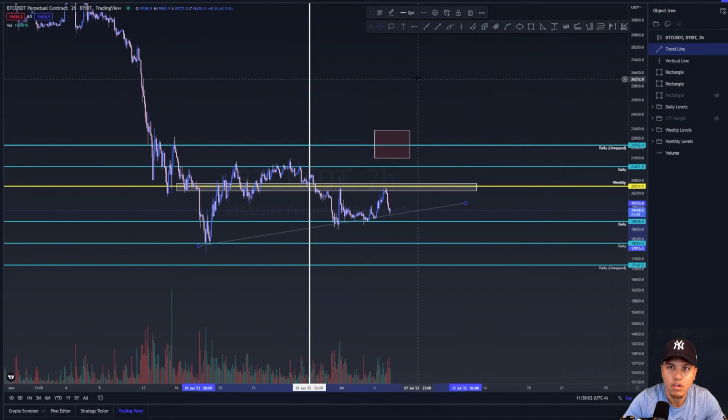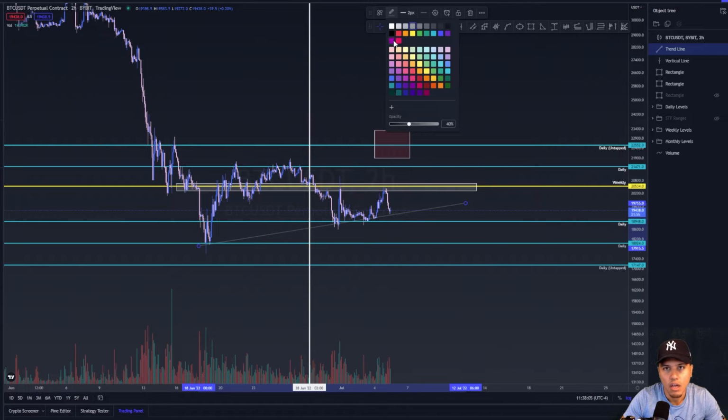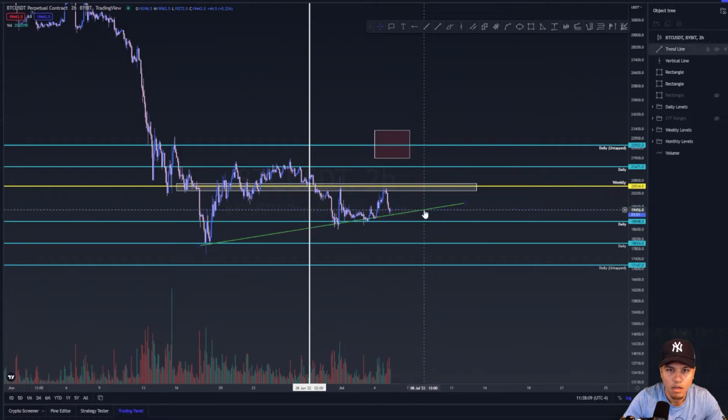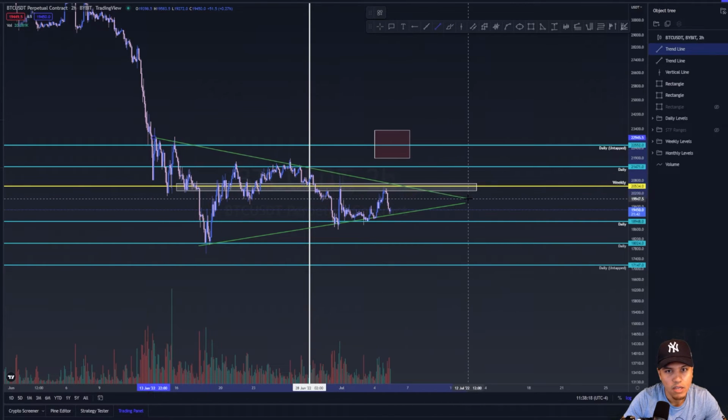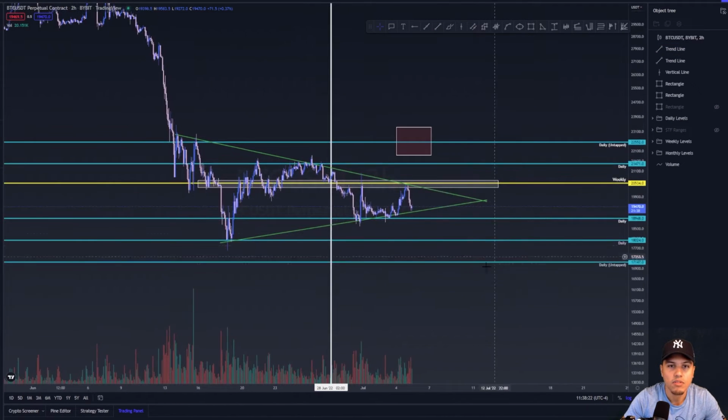And there's a lot of people online also drawing triangles to kind of signify some sort of price pattern that could determine whether or not Bitcoin will be moving up or down. I think it's still somewhat early. However, this is something to note as well.